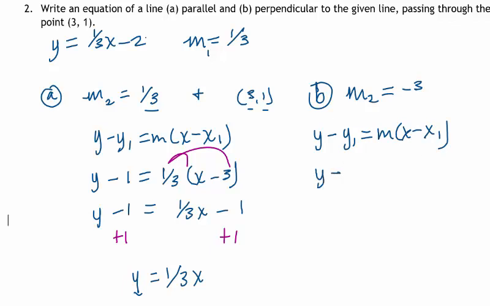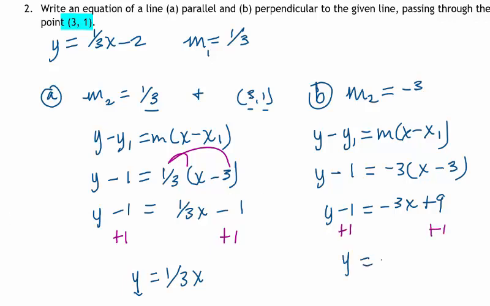Substitute the same point, because this line is also going to pass through (3, 1). So y minus 1 equals -3 times the quantity x minus 3. Simplify, and we get y minus 1 equals -3x plus 9, and then add 1 to both sides. Our final equation is y equals -3x plus 10.